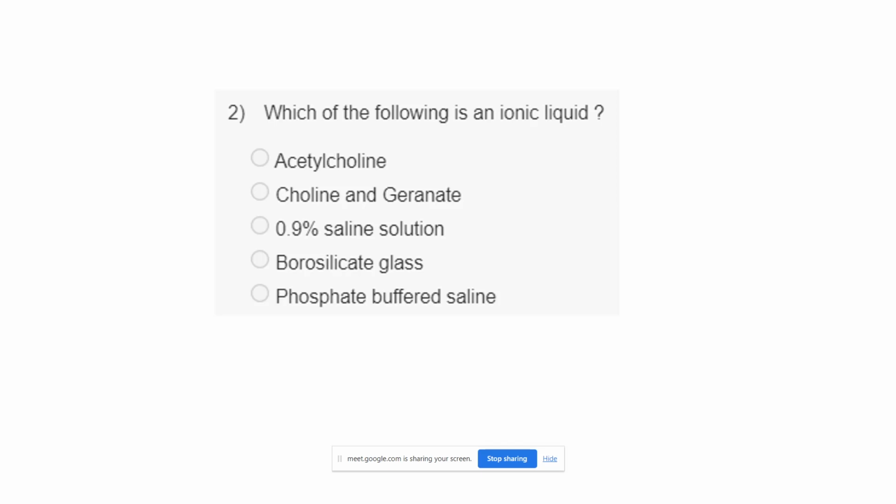The next question, which of the following is an ionic liquid? Acetylcholine, choline and geranate, 0.9% saline solution, borosilicate glass, phosphate buffered saline. Option 3, okay, 0.9% saline solution.